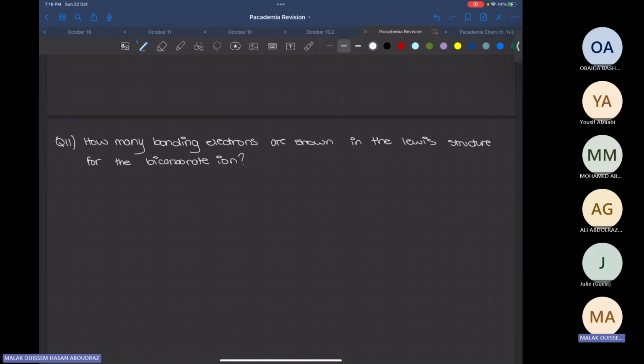How many bonding electrons are shown in the Lewis structure for the bicarbonate ion? Who can tell me how the bicarbonate structure looks like, first of all? Bicarbonate. So this is basically going to be CO3H in other words, and then there's a minus on one of the O's.